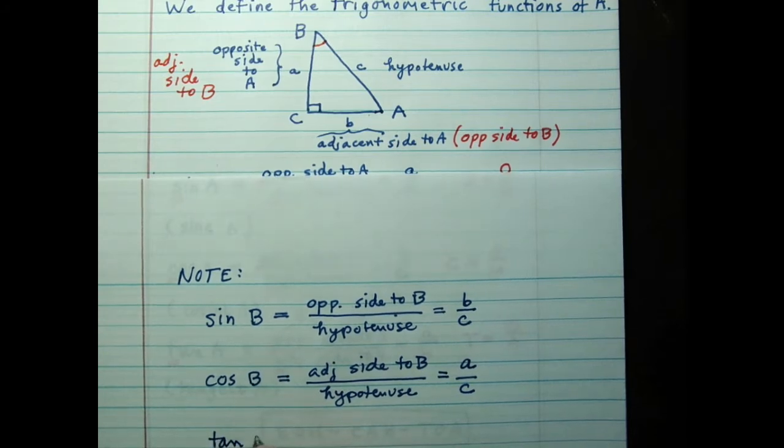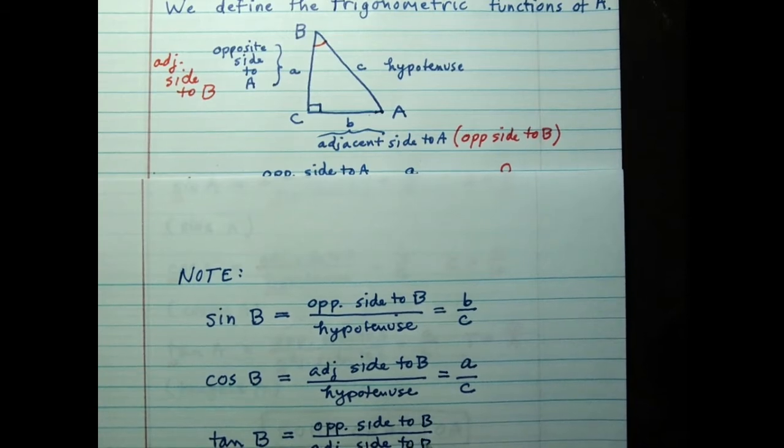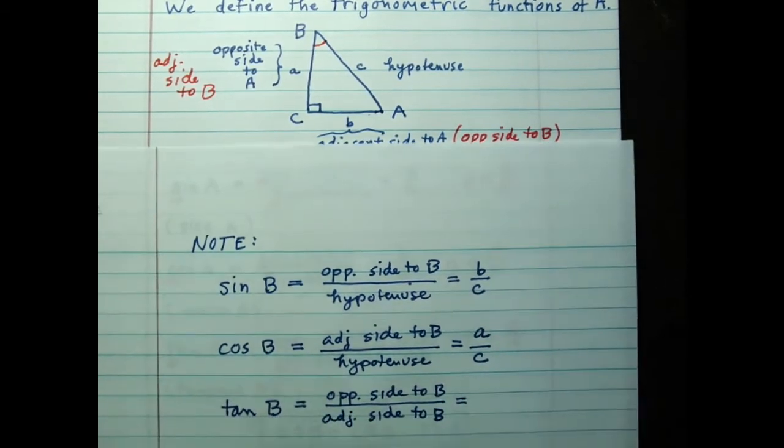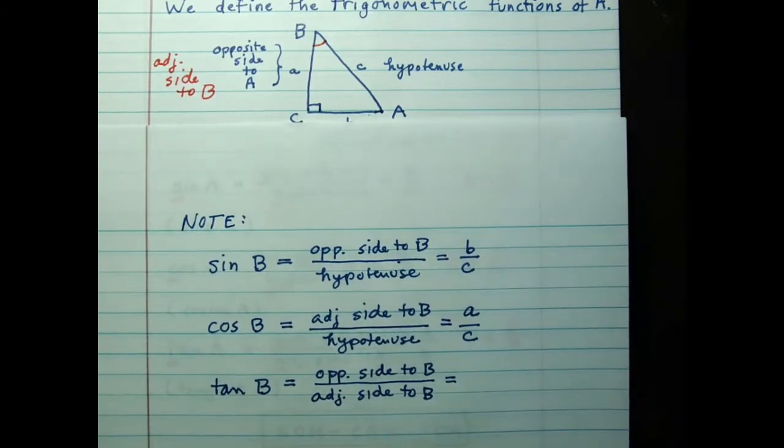Tangent of B is the opposite side to B over the adjacent side to B. So we're still using Sohcahtoa, but the meaning of opposite and adjacent are different for angle B, right?